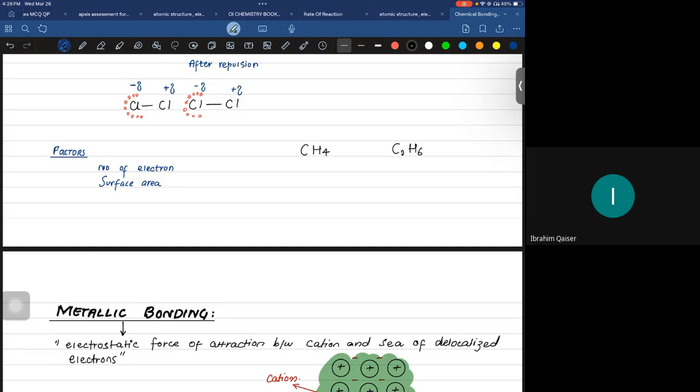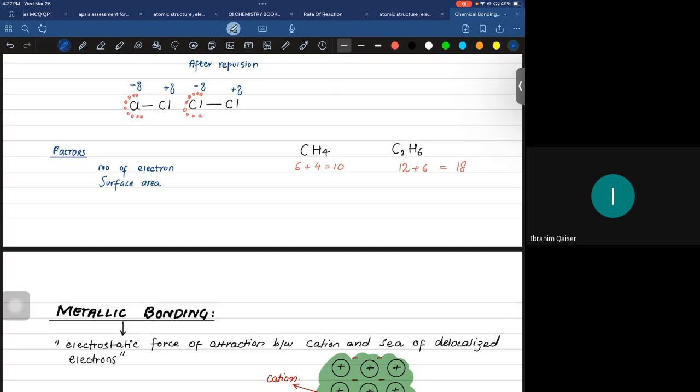Both are gases. How many electrons are there in methane? You know the proton number for carbon is 6, and you have 4 hydrogen atoms, that is total 10 electrons. And if you have ethane, ethane means 2 carbon atoms, 12 electrons, plus 6, that is 18.